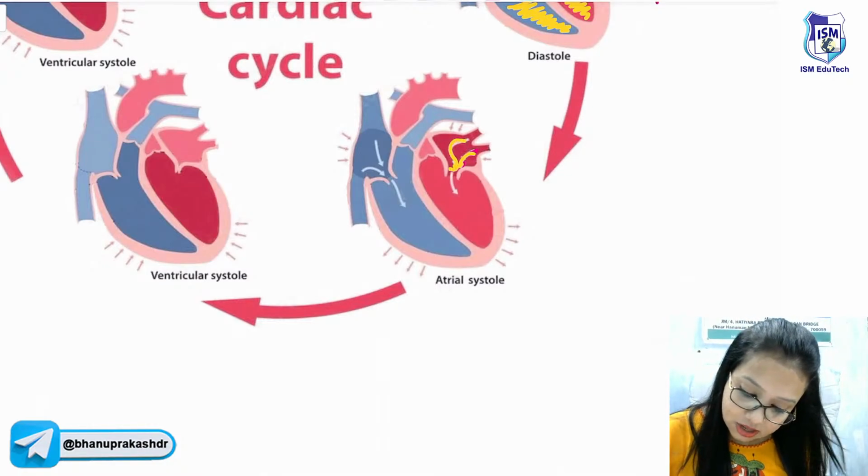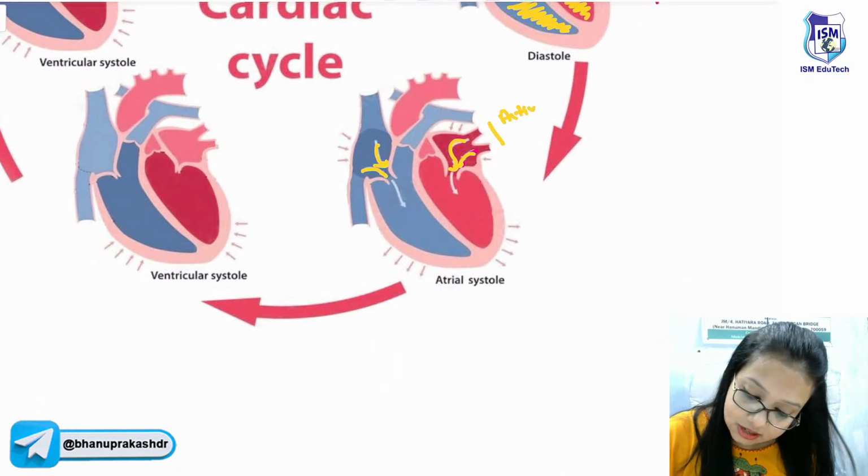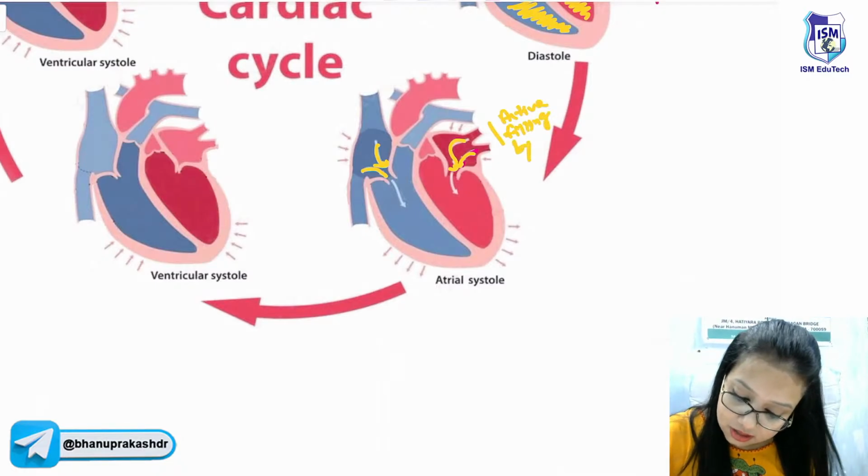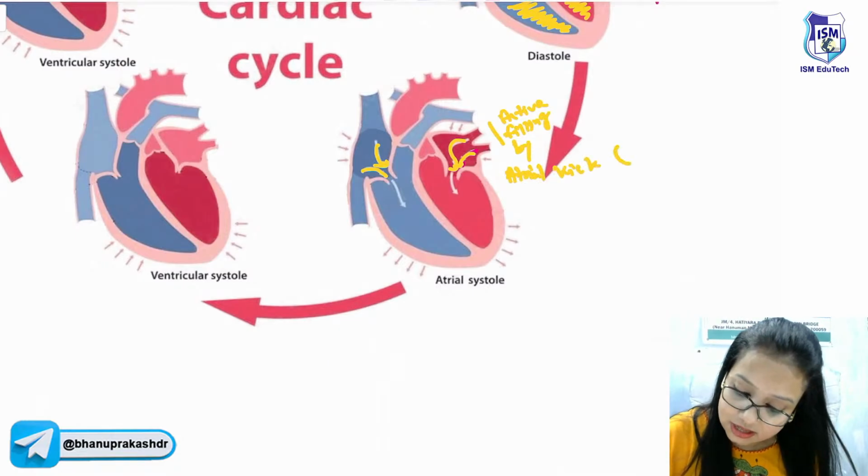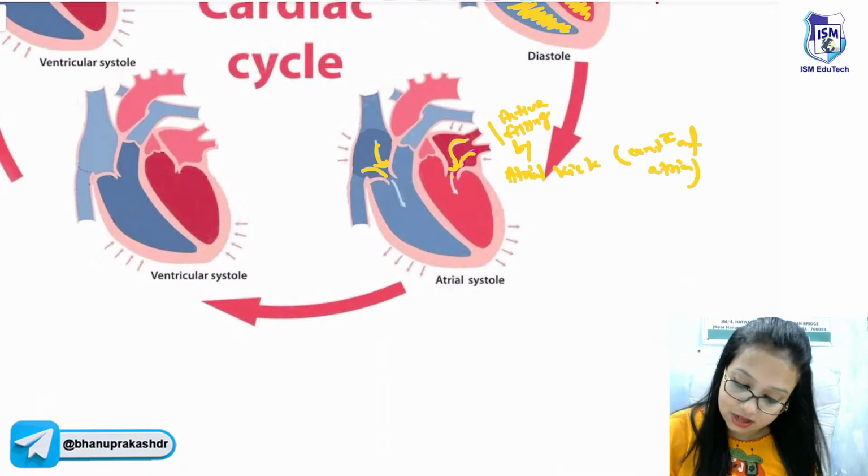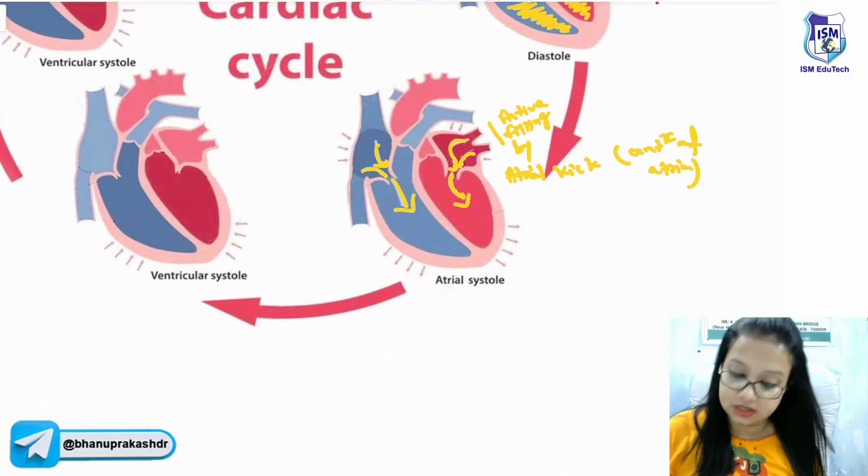It is now coming out by the active filling process. The ventricles are getting filled by active filling by atrial kick, that is contraction of atria. So by that, another 20 to 25 ml of blood is filled.